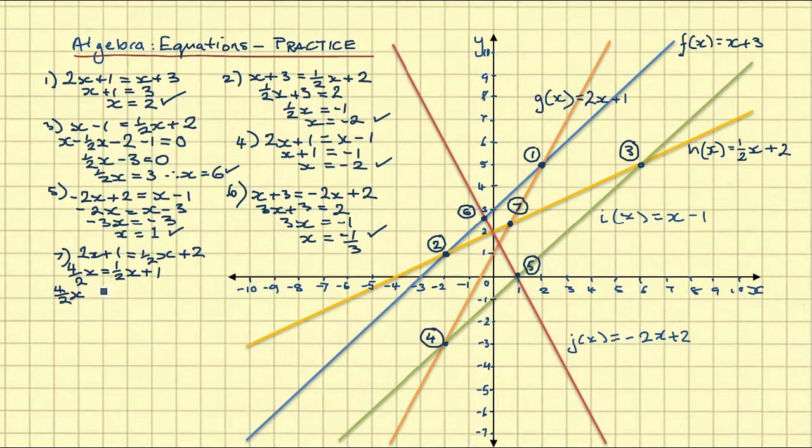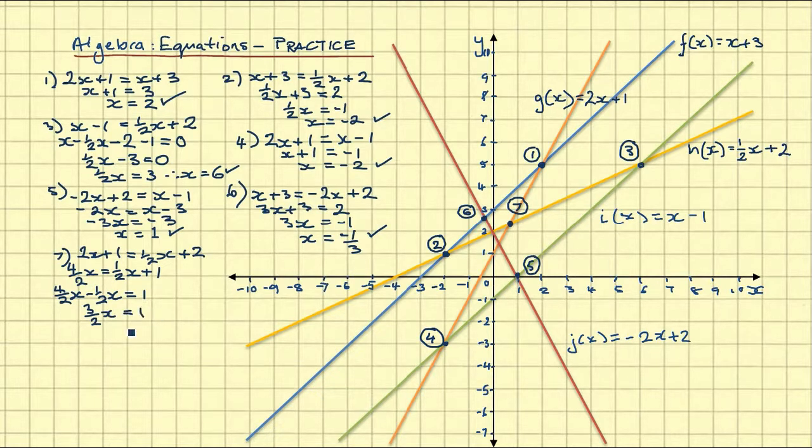So we've got 4 halves of x, let's write this out fully, subtract a half x on the left hand side. That eliminates the half x here, and we've just got 4 halves of x minus a half of x equals 1. Now 4 halves minus a half is going to give us 3 halves.